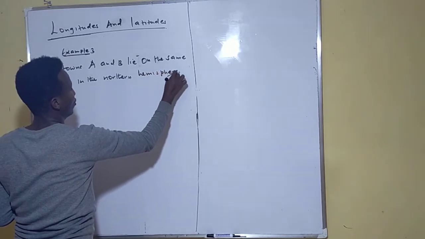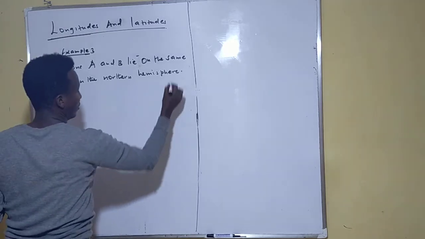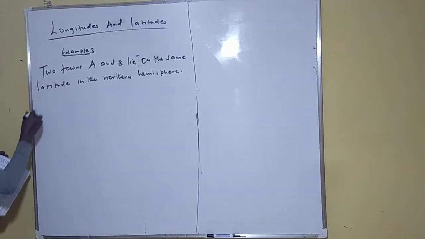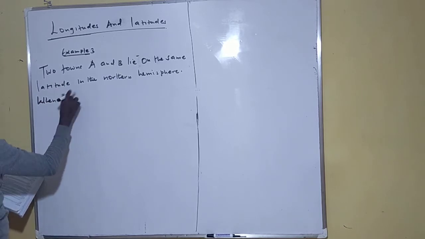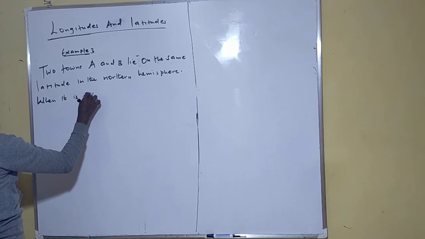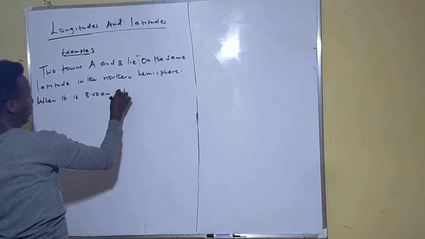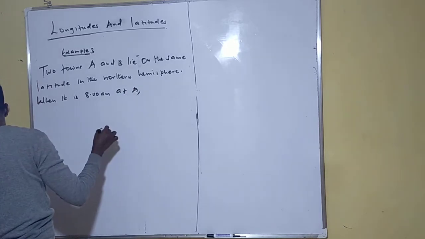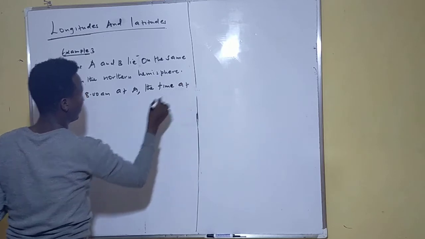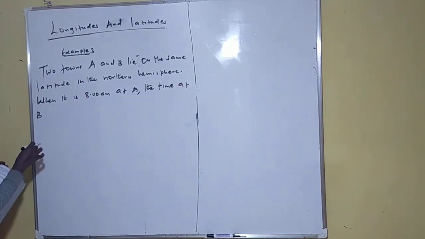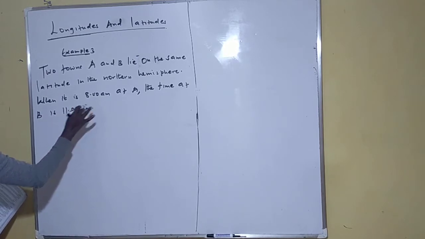That means they are above the equator. Full stop. You're told when it is 8 a.m. at A, the time at B is 11 a.m. Okay, full stop.